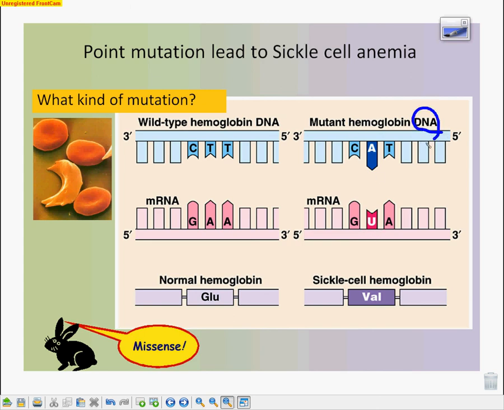But because DNA makes our messenger RNA, that A now becomes a U when it should have been a T on the DNA, which would have become an A. That changes an amino acid, and if you answered that it was a missense mutation, you were correct. So one little boo-boo can take transcription and translation and change your protein product.